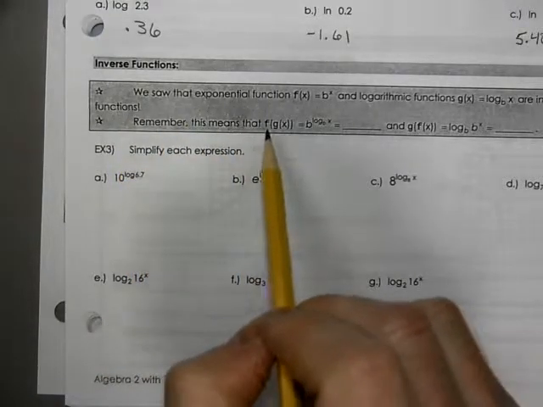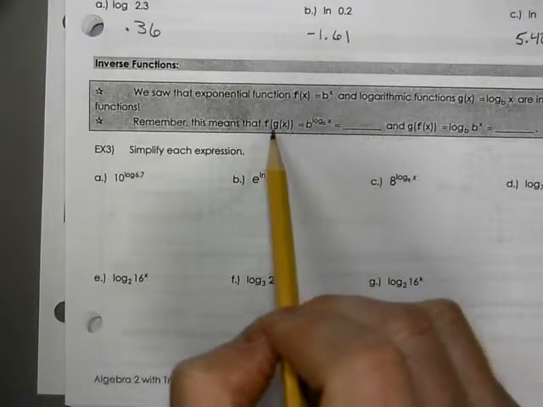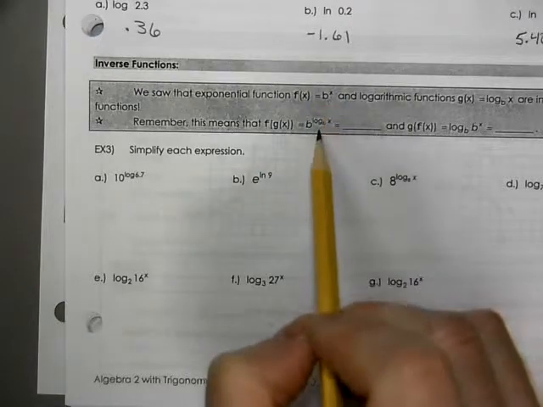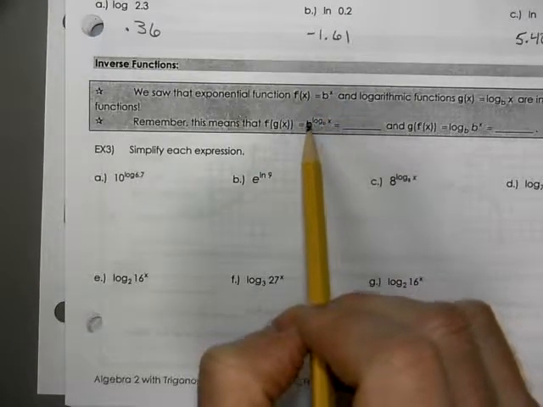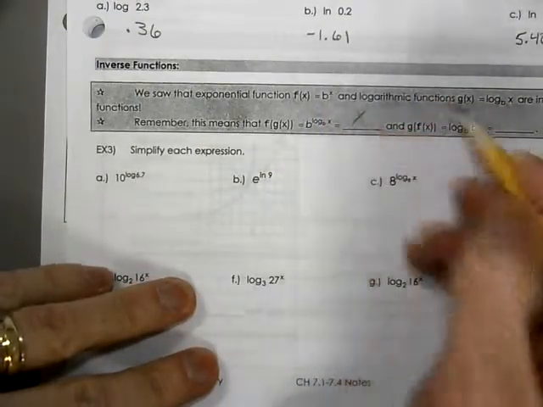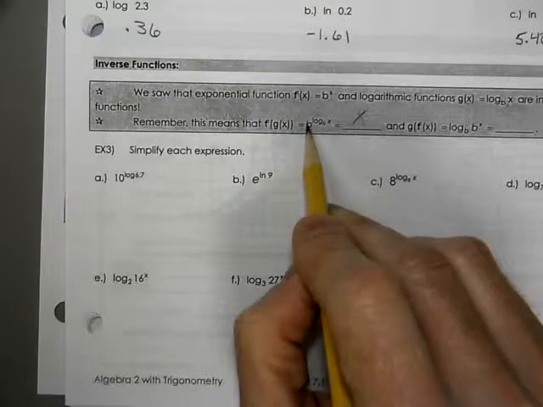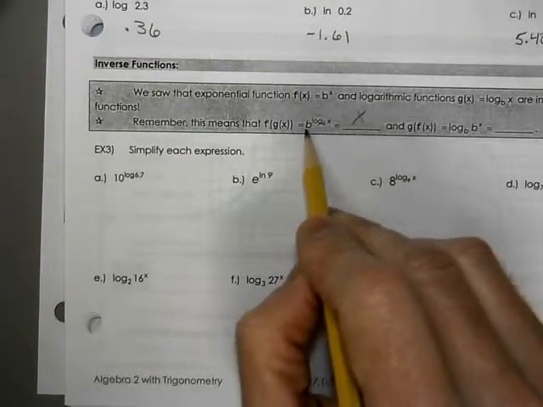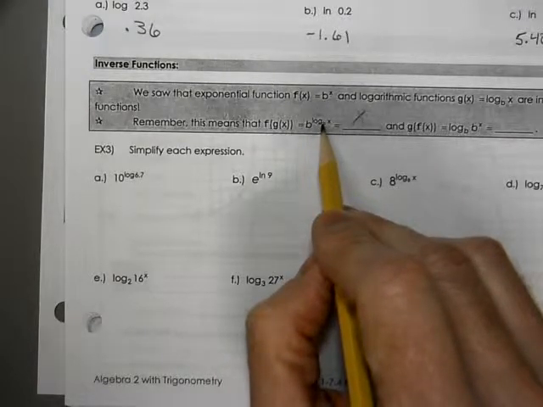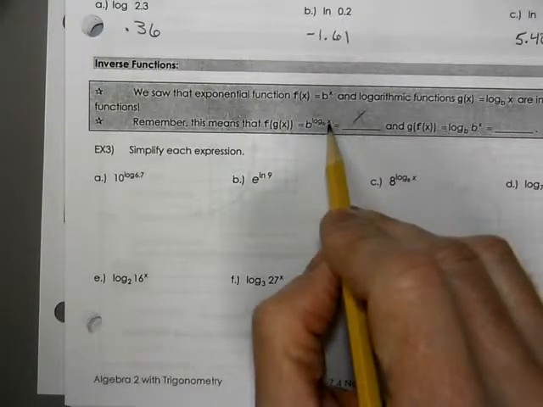So that means if you do f of g of x, we've done this before, where you take your g function and you plug it in for your f function, if these are actually inverses of each other, you should get x. In other words, if you have an exponential with a base that matches the base of the logarithm, then your answer is whatever you're taking the logarithm of.